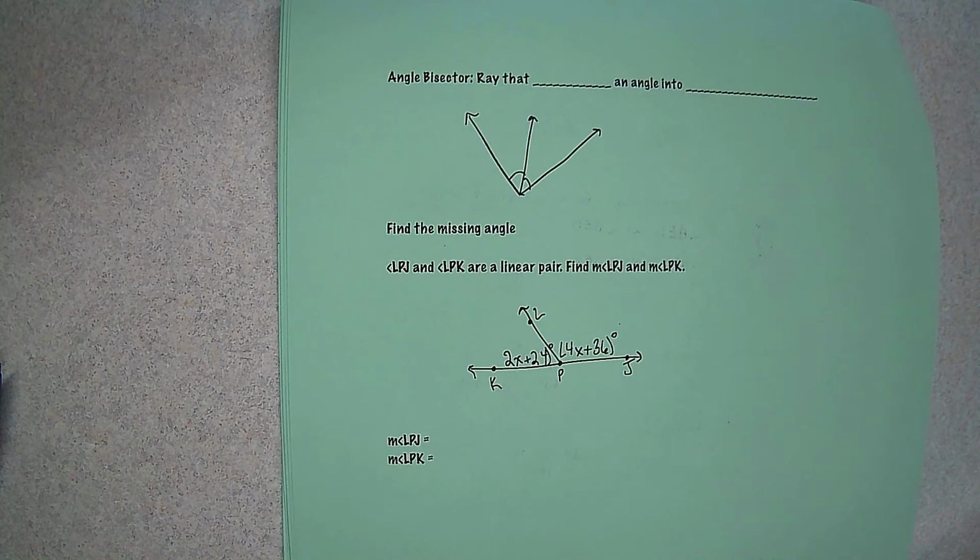Now let's move on, and we're going to talk about angle bisectors really quickly. An angle bisector is going to be a ray that bisects an angle into two congruent parts.